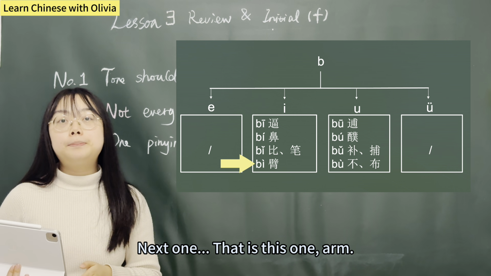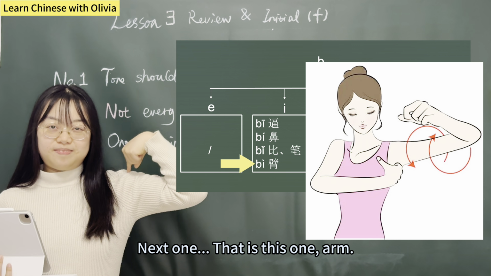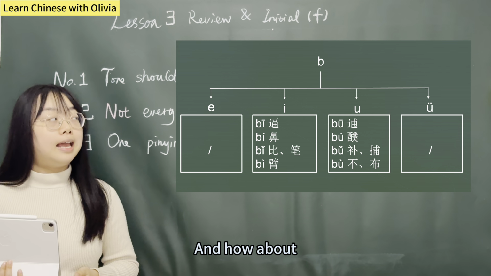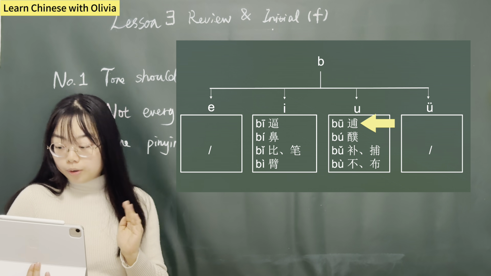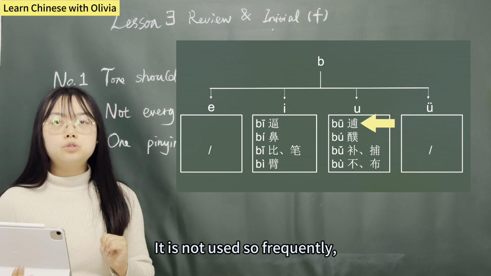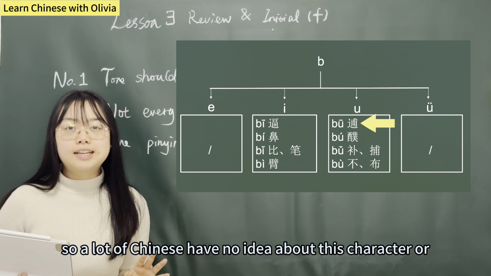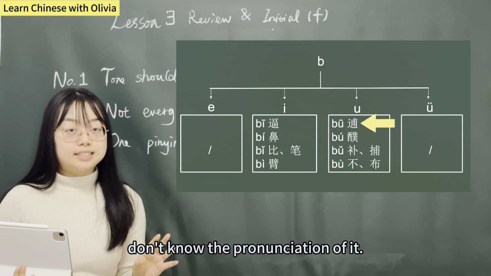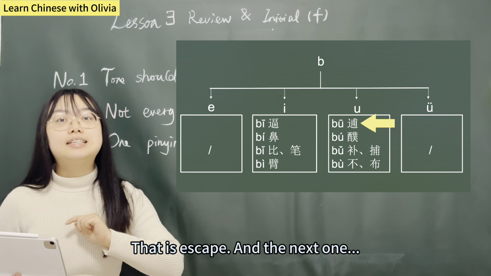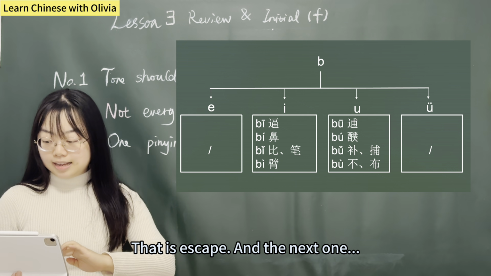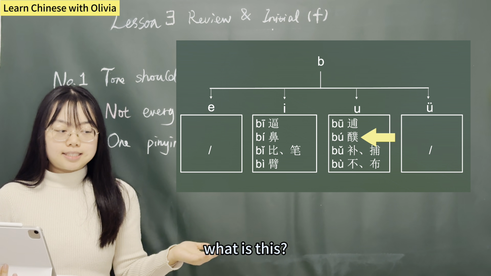Next one. That is this one. And how about this one? Yeah, it is not used so frequently. So a lot of Chinese have no idea about this character, don't know the pronunciation of it, but you get it. And what does it mean? That is escape. And the next one. What does this mean?